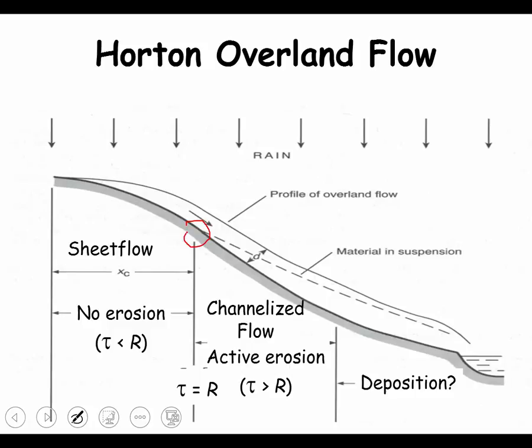So you have this critical threshold here, okay, where you're beginning to have active erosion, and this is typically gullying. We'll talk more about this in another lecture. At some point, we have the potential for deposition of sediment at the base. Or it could continue to erode all the way to the channel itself.